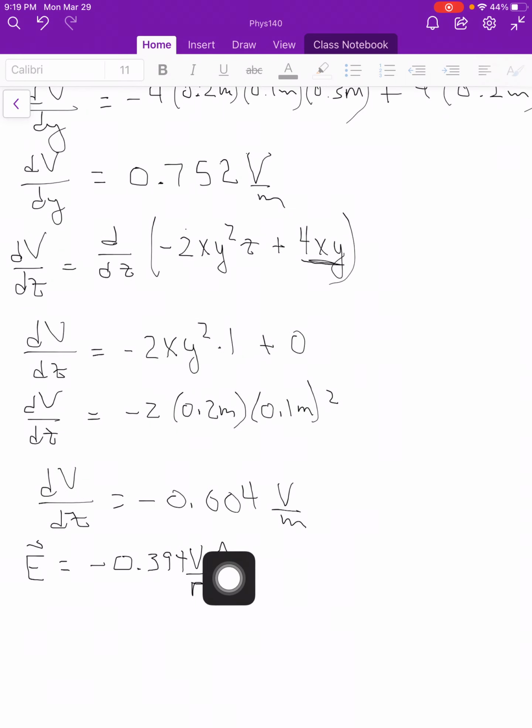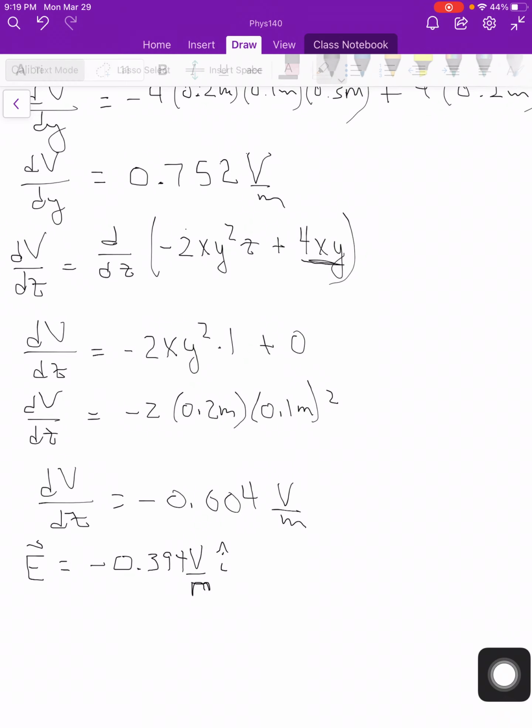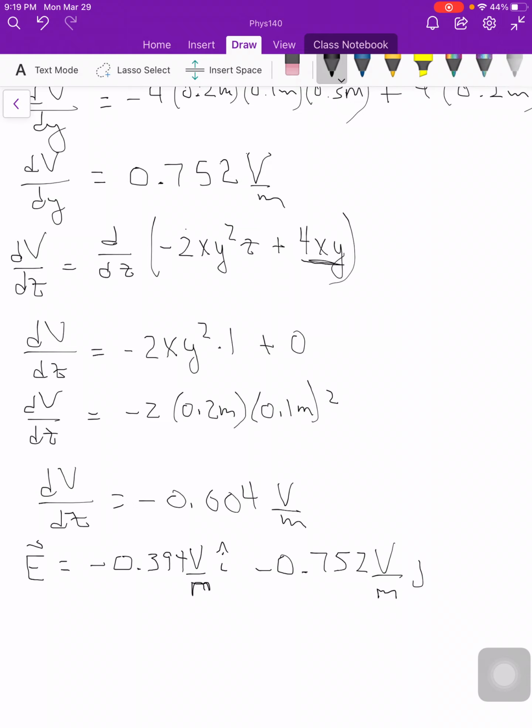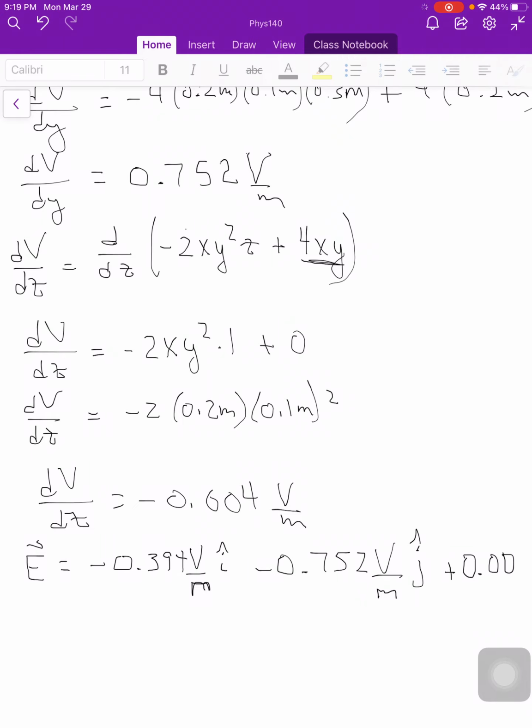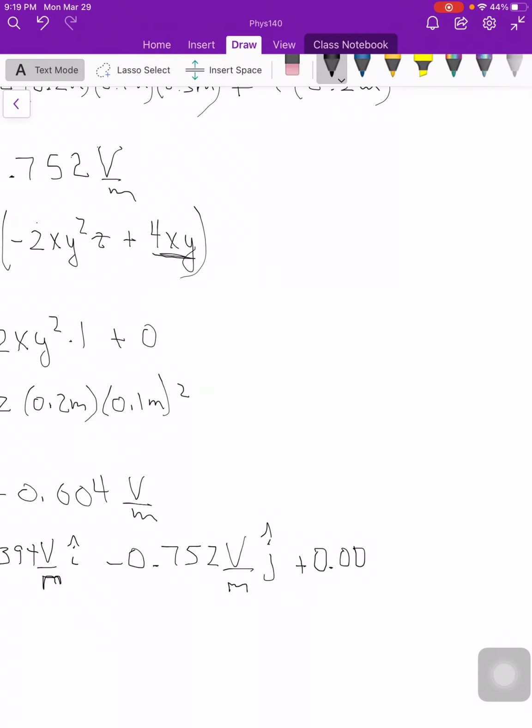So I'm going to have minus 0.752 volts per meter in the j hat direction, and then plus 0.04 volts per meter in the k hat direction.